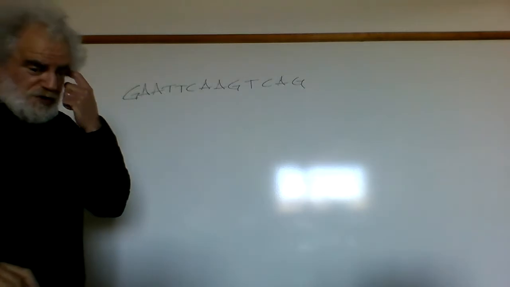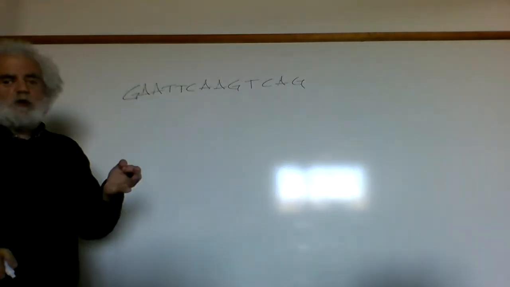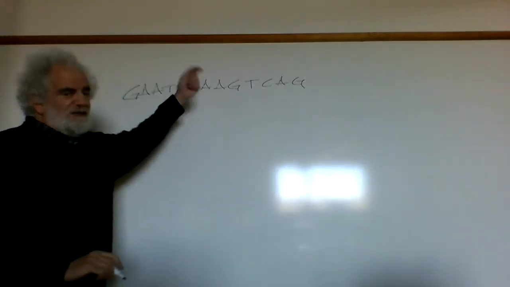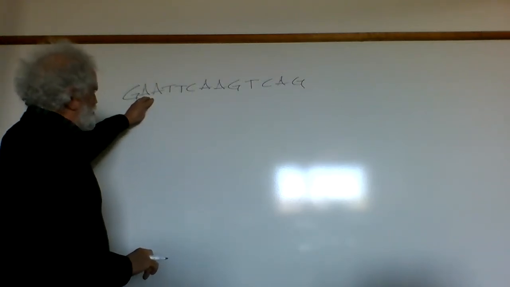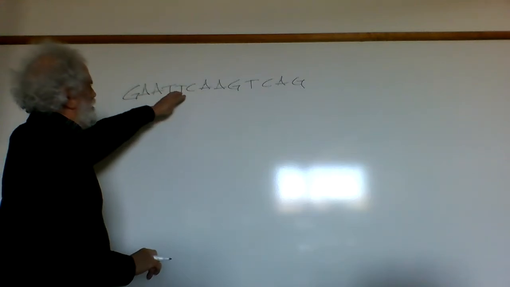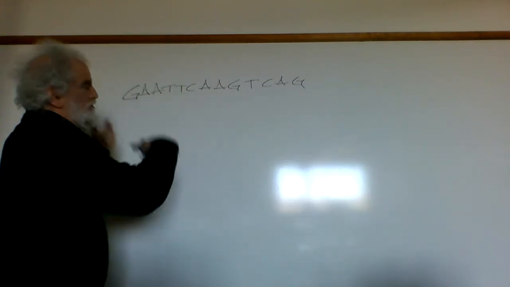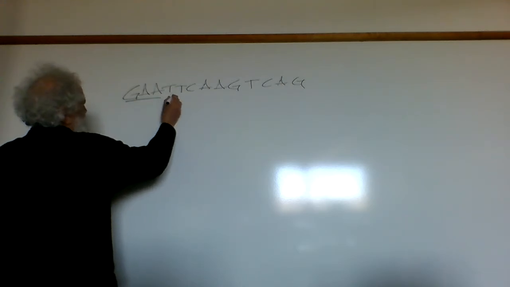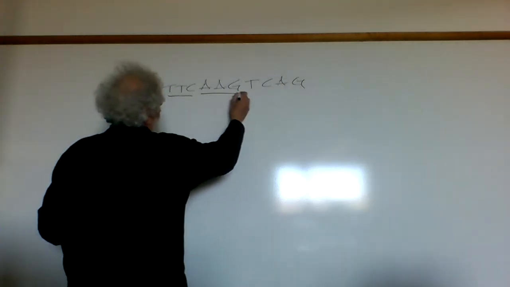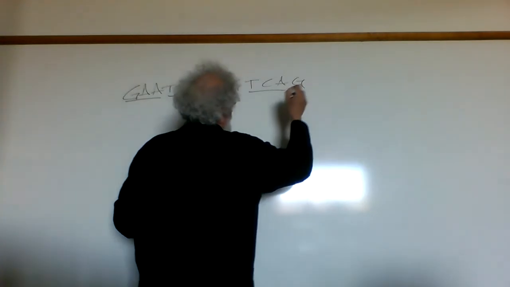So when you're given the sequence, the forward reading frames are simply taking that sequence and using the first 3 nucleotides as the codon, second 3, third 3, and you find the 3 different reading frames. So you have GAA, TTC, AAG, TCAG.